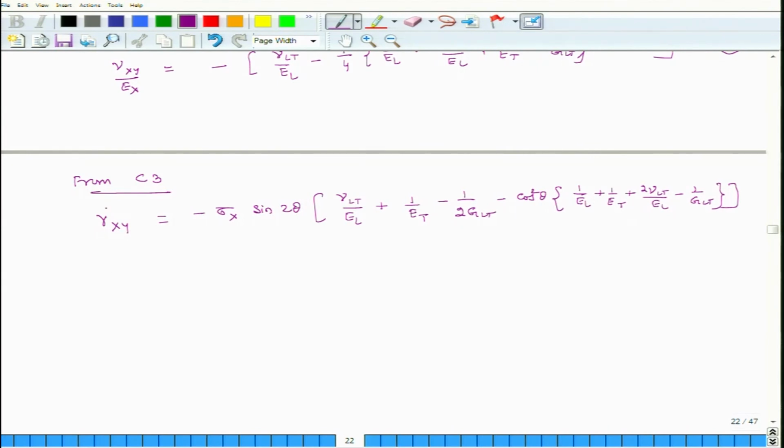You again divide both sides by sigma x and what you end up with is mx is equal to sine theta, and then EL is already here. So, EL goes away and EL comes. So, everywhere the whole thing gets multiplied by EL.